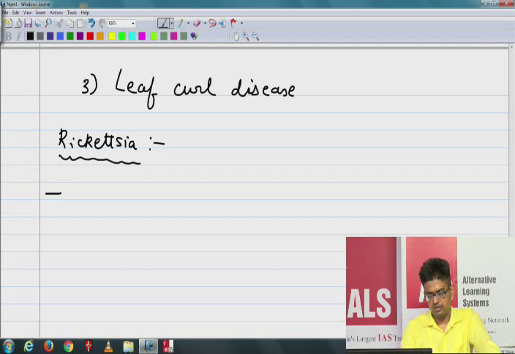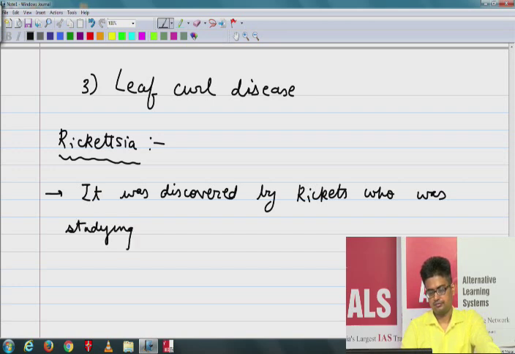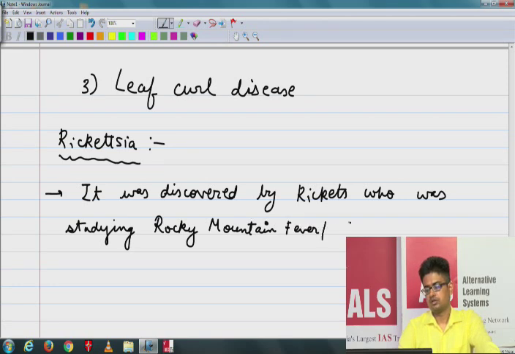It was discovered by Ricketts, who was studying Rocky Mountain fever or yellow fever.